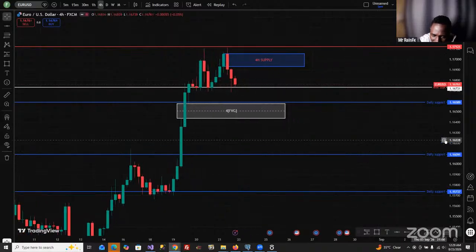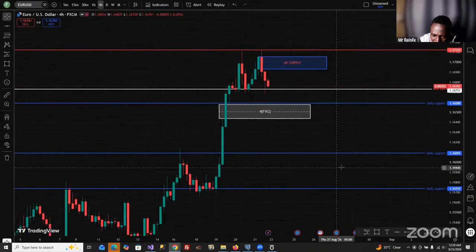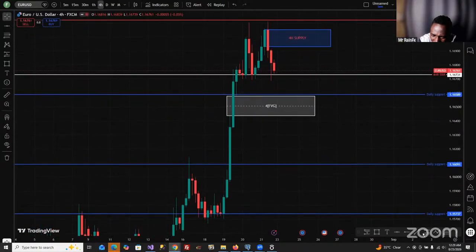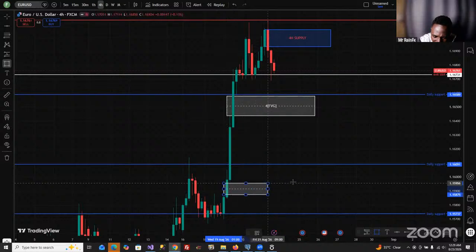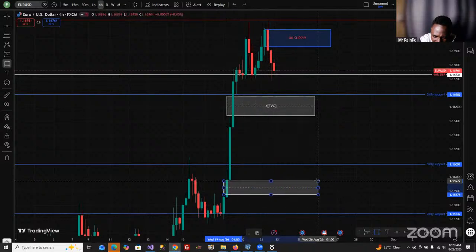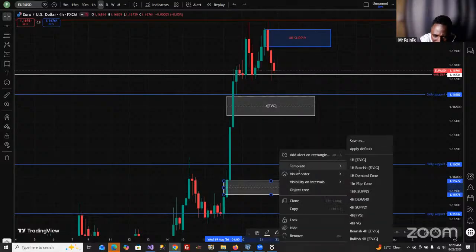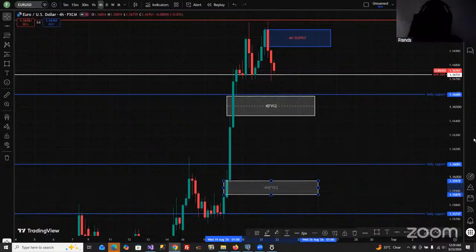For you, we will be identifying fair values like that. Once we go to our advanced strategies about the fair value gaps, we'll be helping you to identify the fair values that we believe. Make sure it is touching the wick. Make sure you stretch your chart at this level.